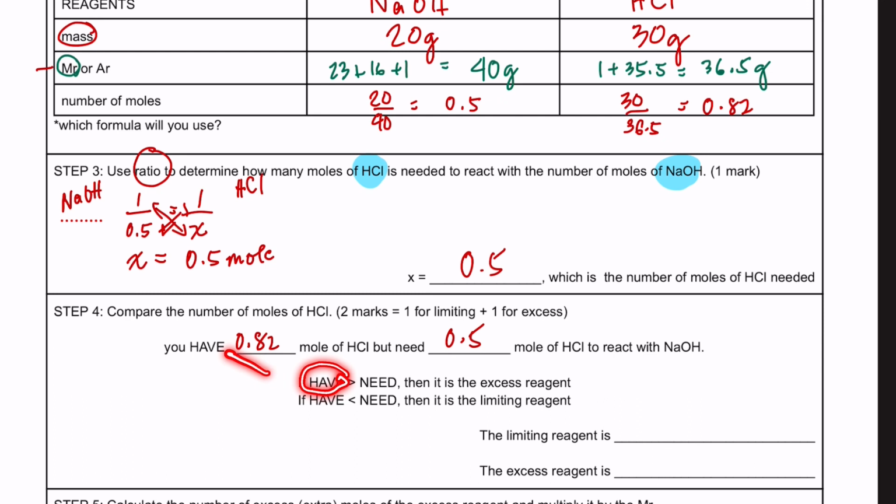What you have is greater than what you need. That means what you have is a lot more than what you need. Therefore, the excess reagent is hydrochloric acid, because you have 0.82 mole, but you only need 0.5 mole. And therefore, your limiting reagent would be sodium hydroxide. This means sodium hydroxide will get used up, and there will still be hydrochloric acid left over.